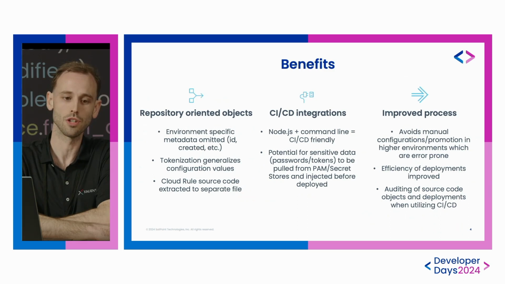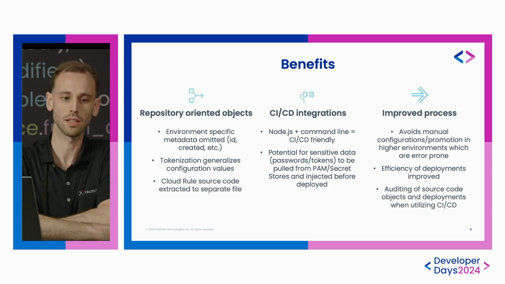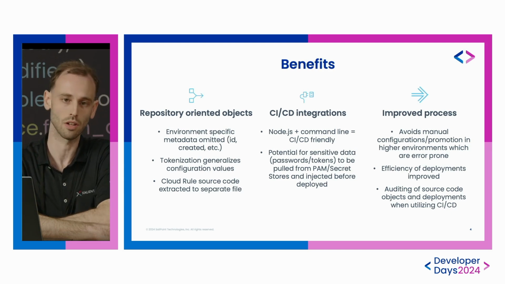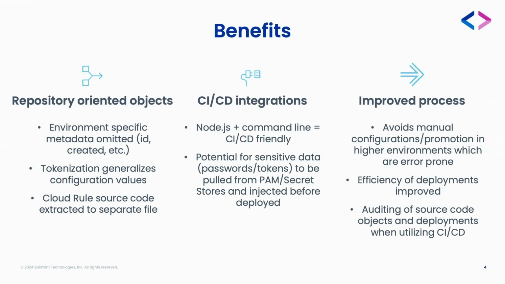The next benefit is CI/CD integrations, right? Since we're using Node.js, and it's really a command line utility, it makes it CI/CD friendly. So standing this up on a CI/CD platform such as Jenkins or Azure DevOps or GitHub Actions, and simply installing Node.js and cloning this repository with the tool allows us to easily build pipeline scripts that will allow us to tokenize configuration and send it out to a particular environment and deploy it.